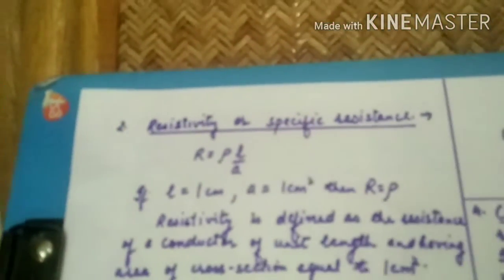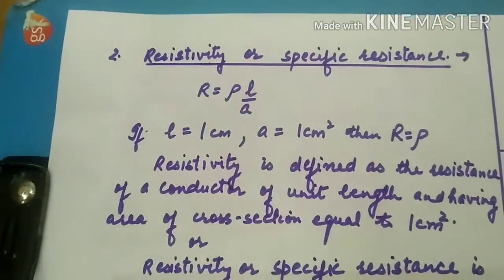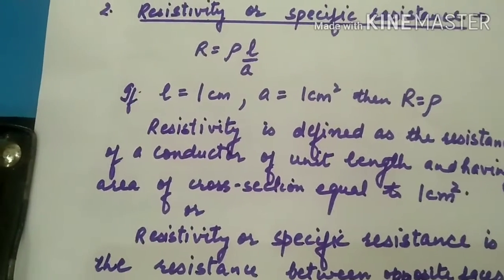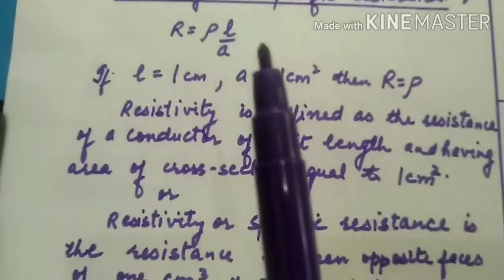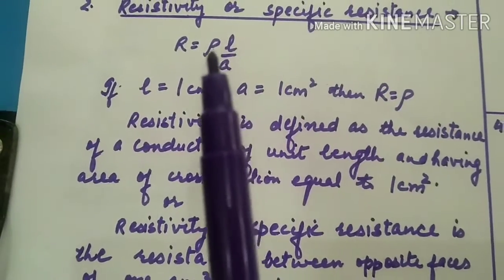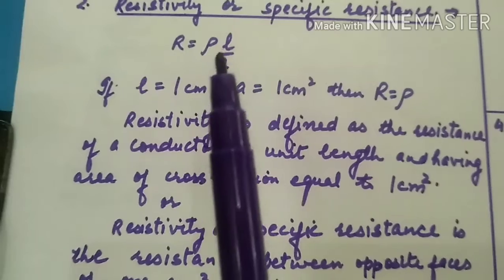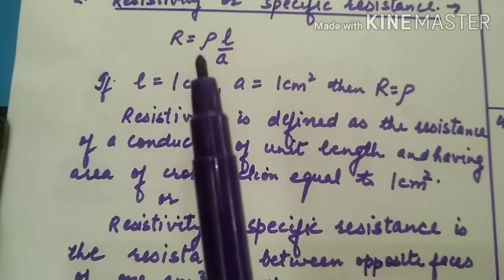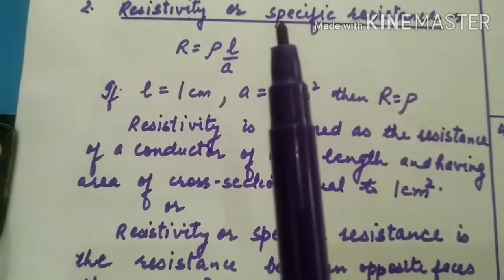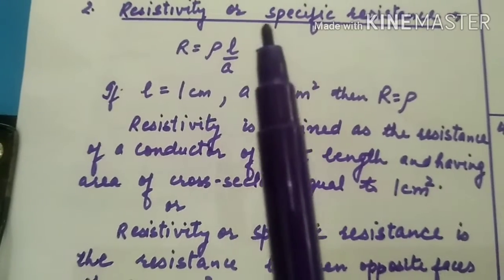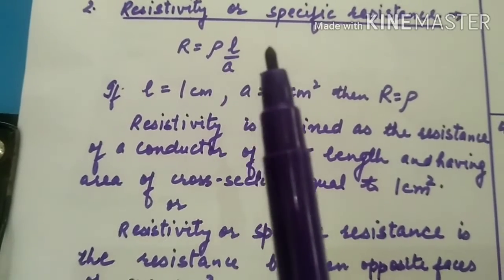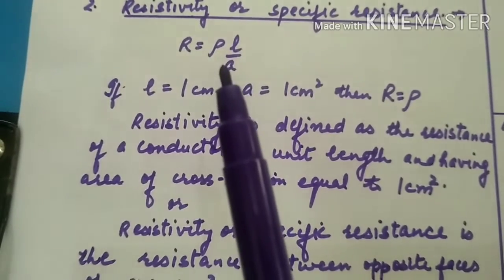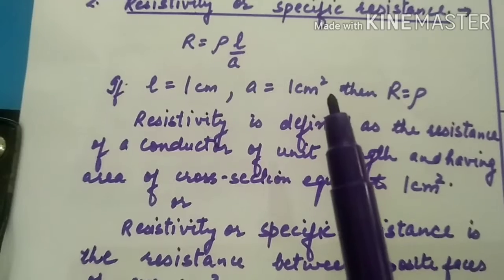Resistivity or specific resistance. We have already done R is equal to rho into L upon A. Now, this rho is the resistivity or specific resistance. To find out its definition and value, let us suppose that the substance through which resistance is being offered has a length equal to 1 centimeter and area of cross section equal to 1 centimeter square.